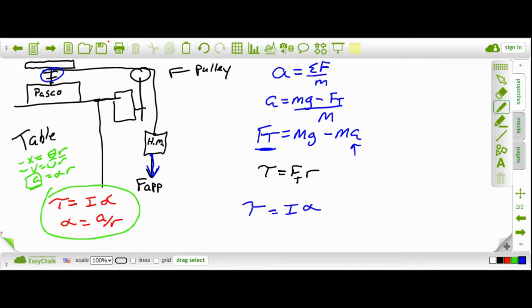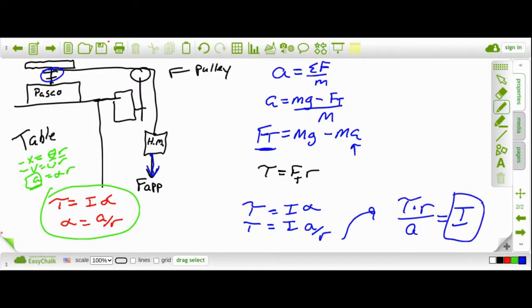And so if we substitute in our A value, we get torque is equal to I times A over R. Or in other words, when we solve this out, we will get the torque times the radius divided by the acceleration is equal to I. And using this concept, we can solve for the moment of inertia experimentally.